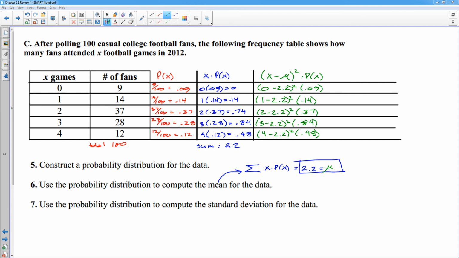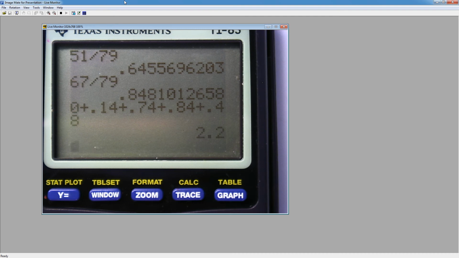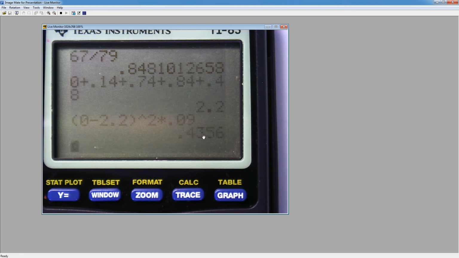So when you're punching these in, like that first one, parentheses 0 minus 2.2 squared times 0.09, just throw it all in one big swoop, hit enter, and get your value.